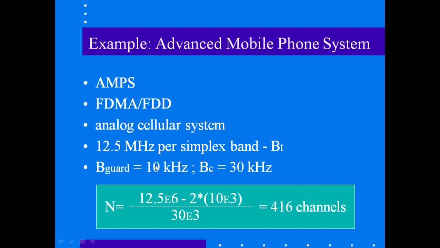If your total spectrum is given as 12.5 megahertz, represented by 12.5 into 10 power 6, and the guard band is 10 kilohertz, represented by 10 E3, divided by each channel bandwidth of 30 kilohertz, then the number of channels that can be accommodated using the FDMA system is 416 channels.